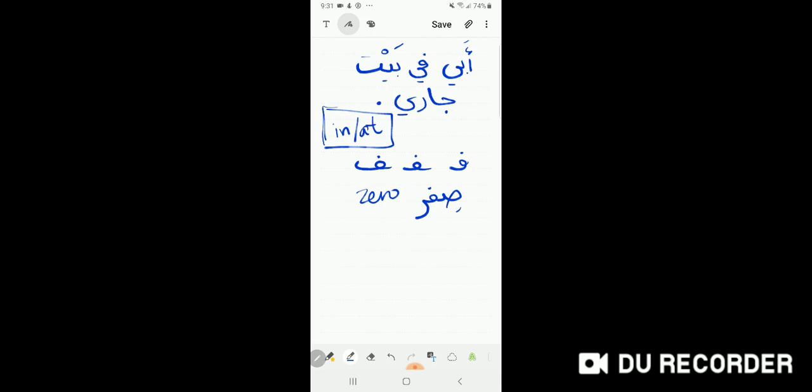So let's write the word صف. صف. صاد. fa. And on the word صف, you're going to put a shadda, because this word always has a shadda, and it means class. صف. Remember, when we have a word that has a shadda at the end, you're really just pronouncing it, stopping on it.